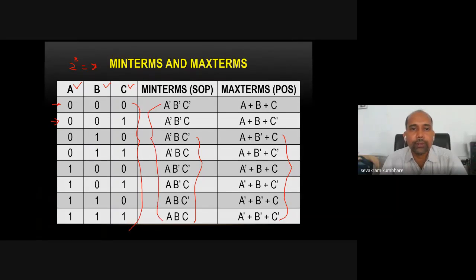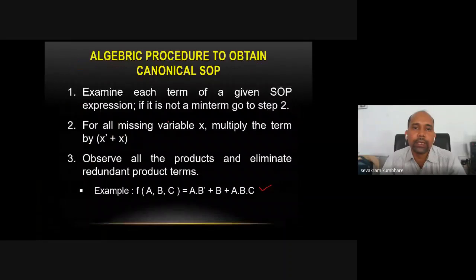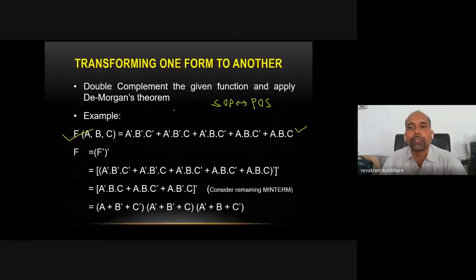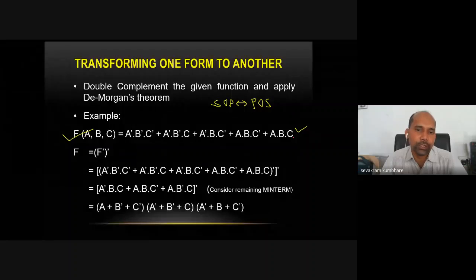So if I am considering 5 of these, then the remaining 3 terms will be the complement of the other 5. So in this expression, whatever terms are not mentioned will be the complement of this equation.